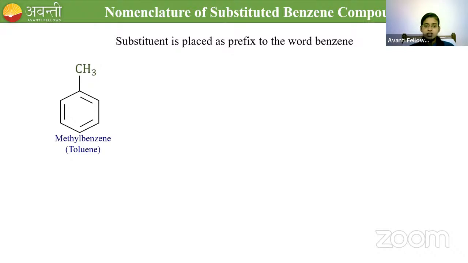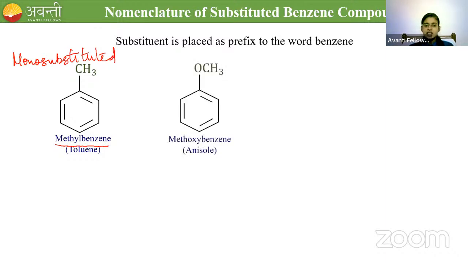The name of the compound is methylbenzene or toluene. Toluene is the other name for this compound. Here we have only one substituent, so the class of compound comes under monosubstituted benzene compounds.